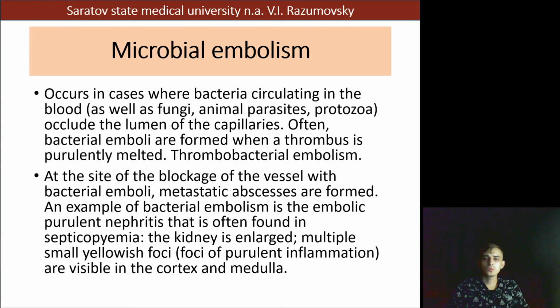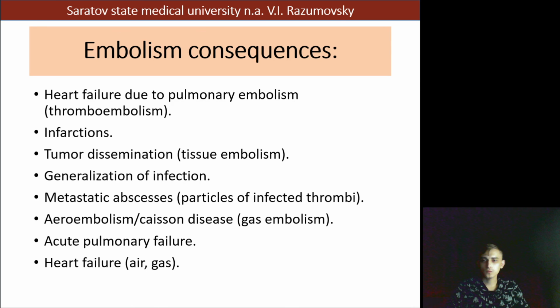Embolism consequences will be associated with heart failure due to pulmonary embolism, thromboembolism of the pulmonary artery, infarctions, tumor dissemination like tissue embolism, generalization of infection for bacterial type, metastatic abscesses, again, aeroembolism or caisson disease for gas embolism, acute pulmonary failure, heart failure, and other diseases.